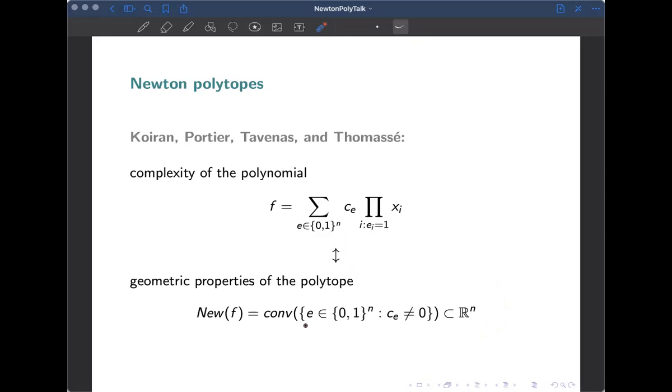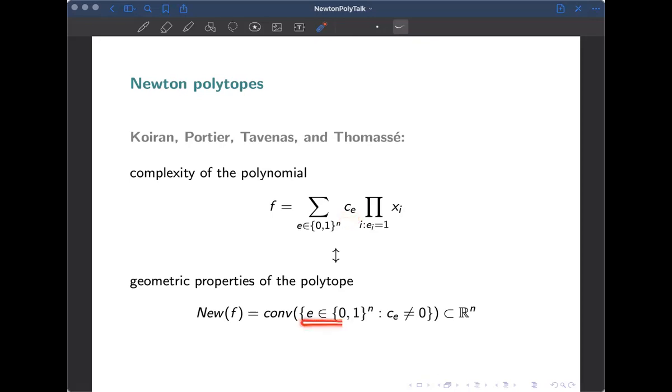So it's done like this. We look at all the monomials, all the names of monomials. We think about a monomial as a point in Euclidean space. For example, this is a 0, 1 point, a point in the discrete cube. And we look at all such points where the coefficient of the corresponding monomial is non-zero.